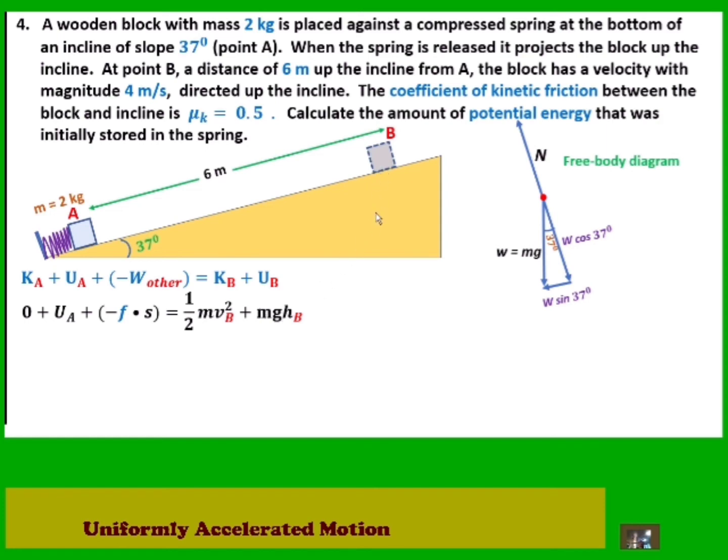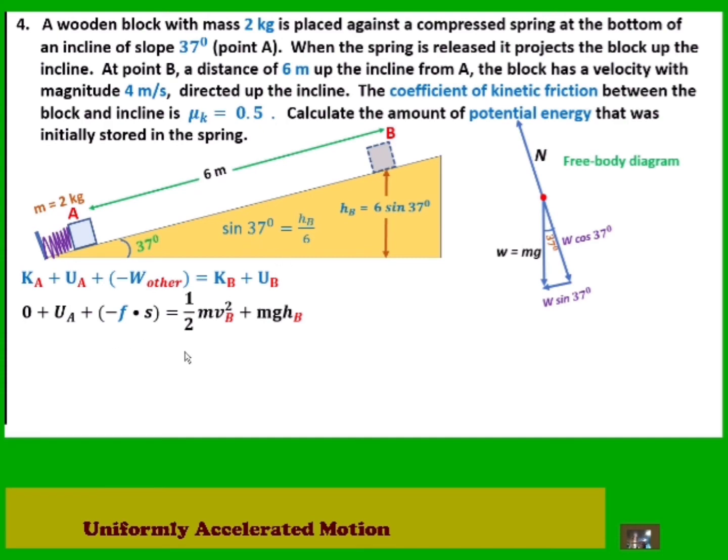The height is this one, h sub B. From this triangle, the sine of 37 degrees is equal to opposite h sub B over the hypotenuse, 6 meters. So cross multiply, solving for h sub B, it is equal to 6 times sine of 37 degrees.